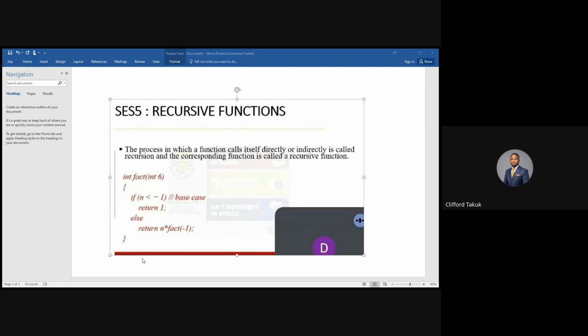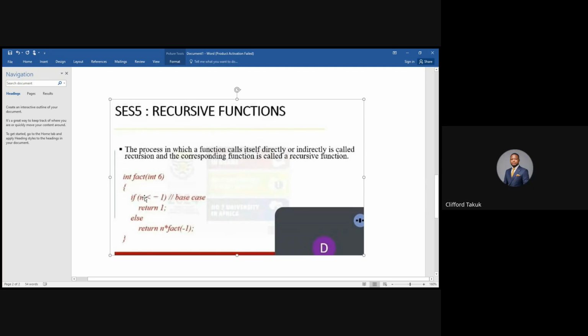Else return n factorial, and inside, I think the man made a mistake. It's supposed to be n minus 1. I'm sure he didn't take note of that. Okay. Is that okay? Sure.